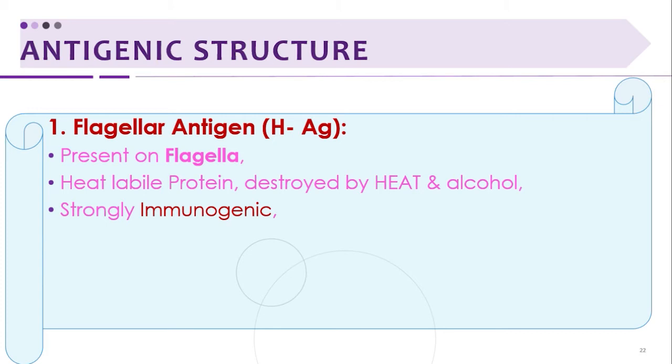Among all the antigens, the flagellar antigen is strongly immunogenic and produces loose clumps with antisera. That means when this antigen is mixed with the antibody against the flagellar H antigen, that is anti-H antibody, it forms a loose fluffy clump resembling cotton wool type of agglutination. That is a characteristic feature seen in Salmonella.